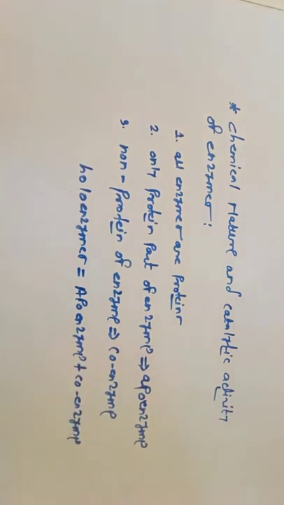So the protein part of the enzyme is known as apoenzyme, while the non-protein part of the enzyme is known as coenzyme. And the combination of both apoenzyme and coenzyme forms the holoenzyme.